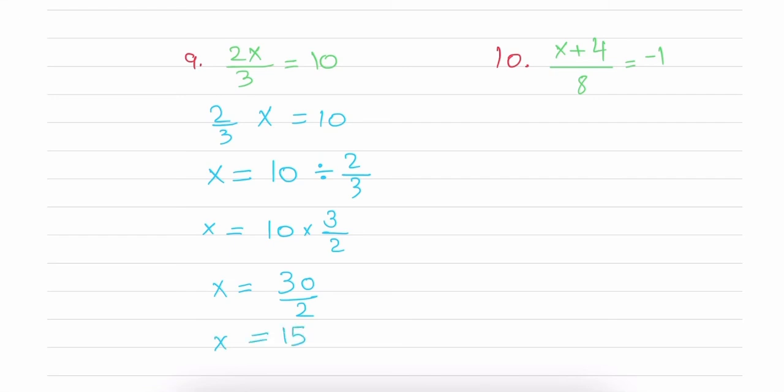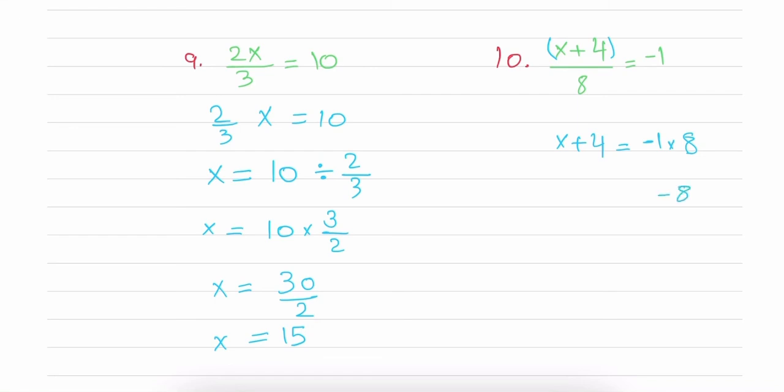Question 10. It says x plus 4 all over 8 equals negative 1. If I want to investigate the order of operations in this expression, this means I have to add first, then divide by 8. And since we're following the inverse order of operations, we have to multiply by 8 on both sides first, which gives us x plus 4 equals negative 1 times 8, which is negative 8.